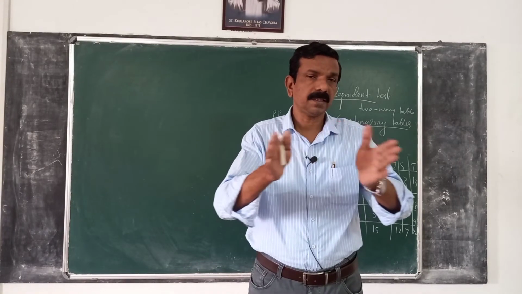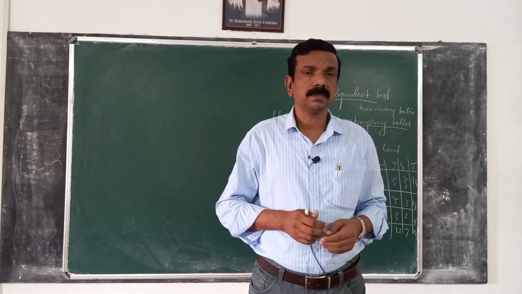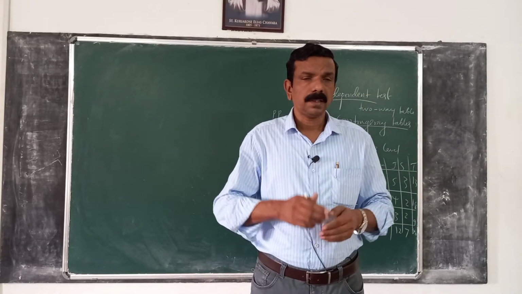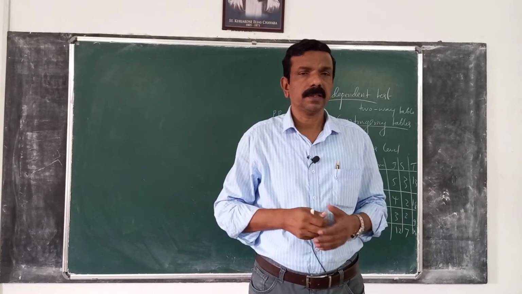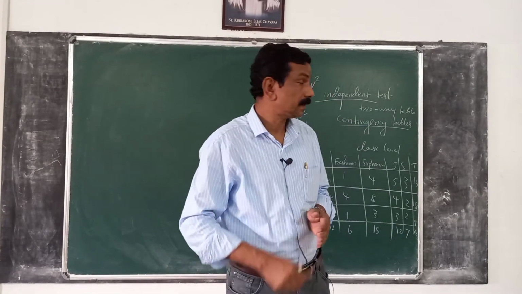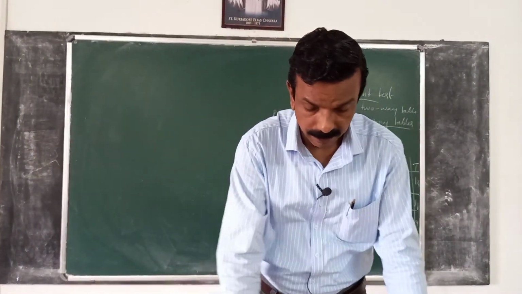That is the rough idea of association. If you know the value of one variable and if it gives you some idea about the value of the other variable, then we will say that there is an association between these two variables.